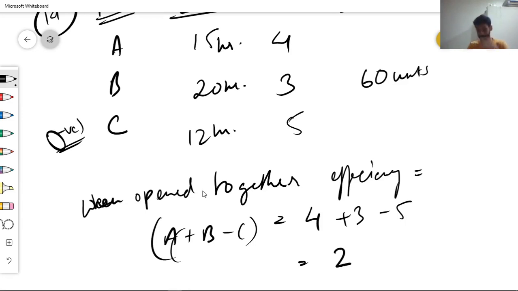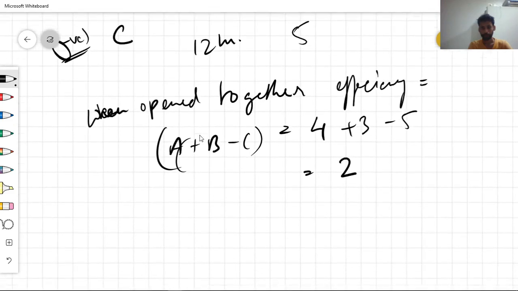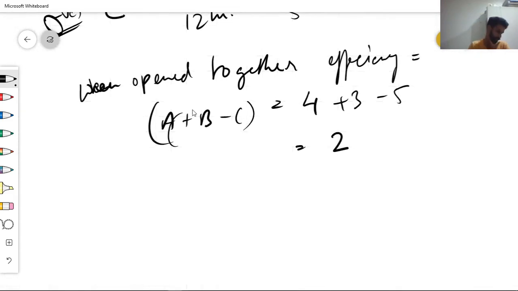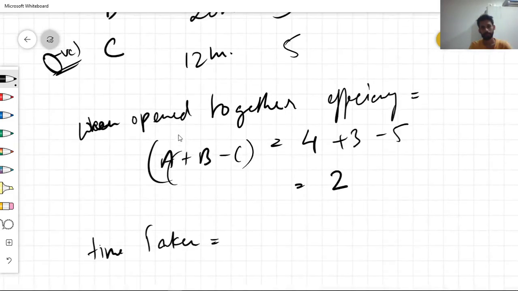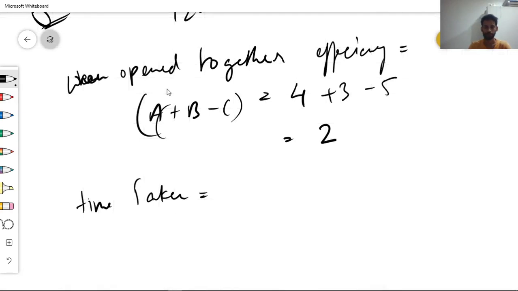Efficiency is 2. So if the efficiency is 2, then time taken will be equal to this 60 units. So 60 divided by 2, that is 30 hours.